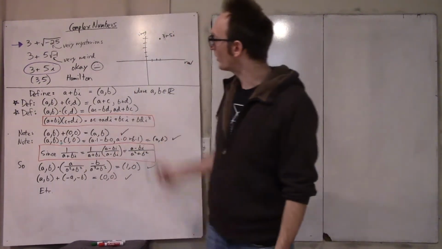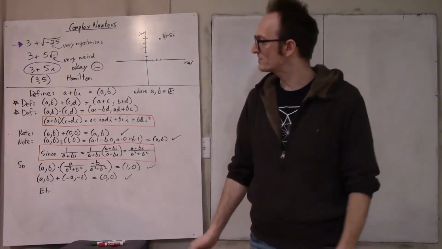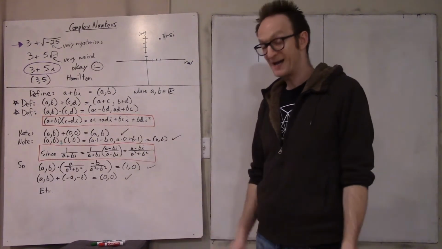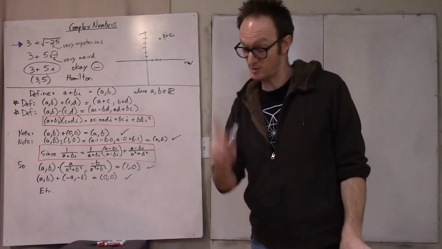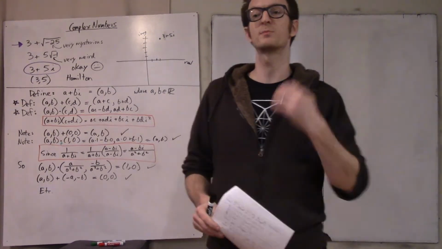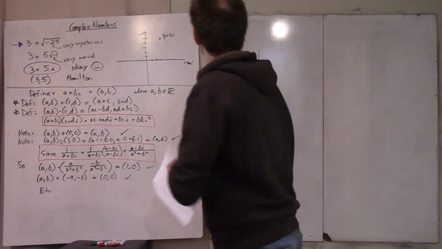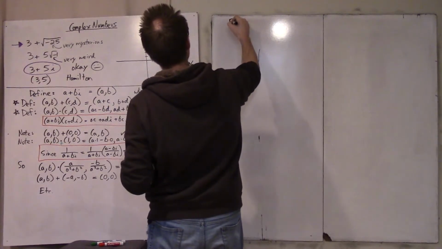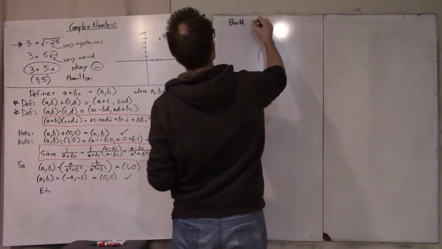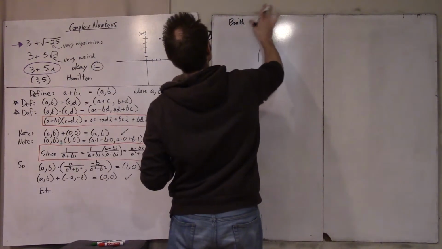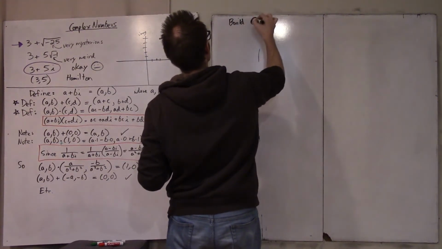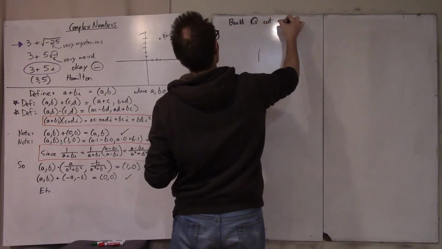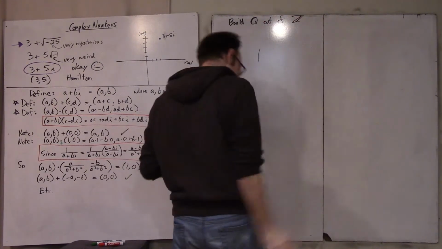I don't need a world in which I have complex numbers because I can build them out of reals. I can build reals out of rationals. That's harder. Can I build rationals out of something simpler? Yes, I can. So now the plan is to build Q, the set of rational numbers, out of Z, the set of integers.